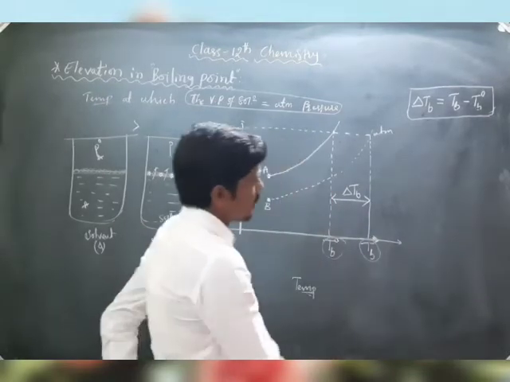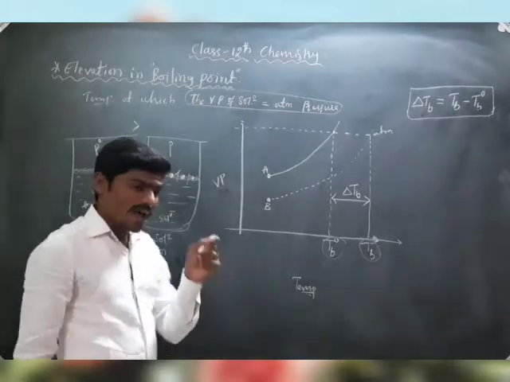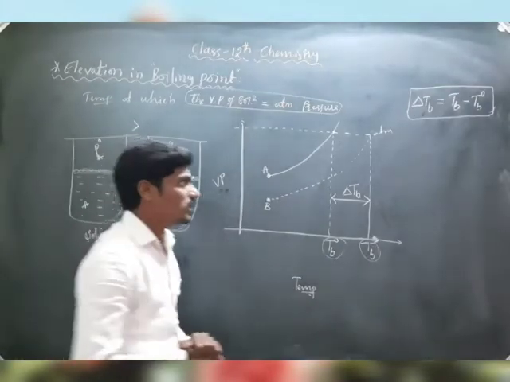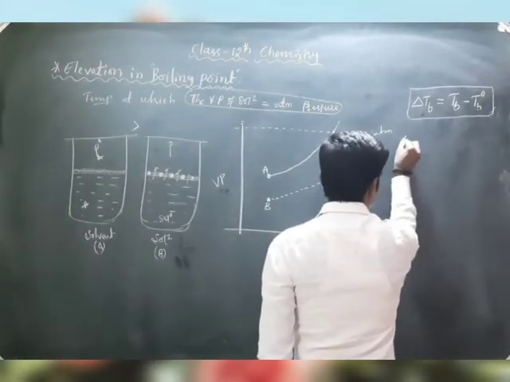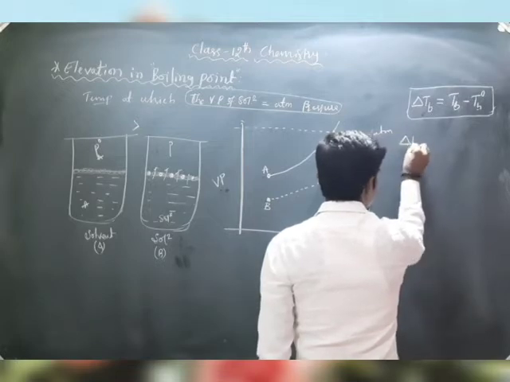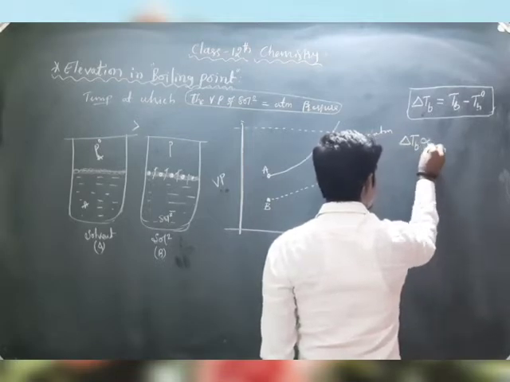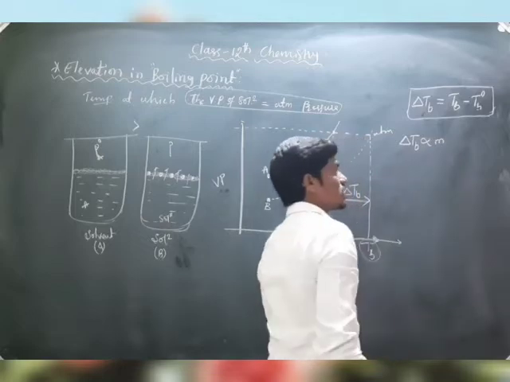So now mathematically I have given. Now experimentally we know that delta TB is directly proportional to molality, small m.